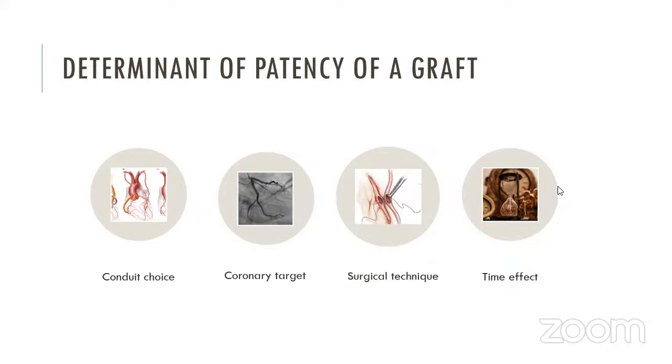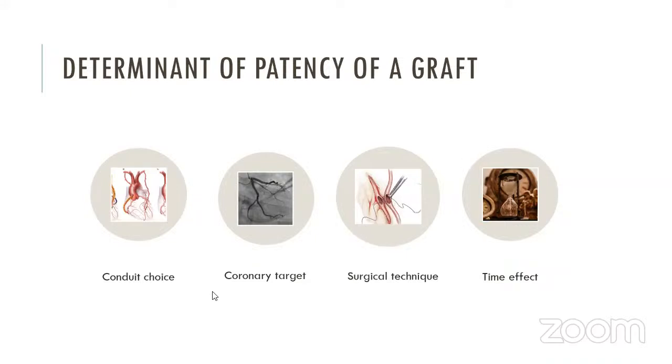So we know time affects your grafts and their patency. Some grafts will be affected by the progress of time and some will not. Not all of them will react to time similarly. Your surgical technique will determine the patency of your graft, and we'll be talking about the different anastomosis techniques.